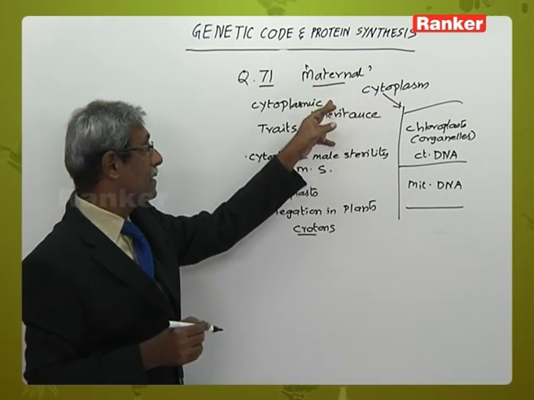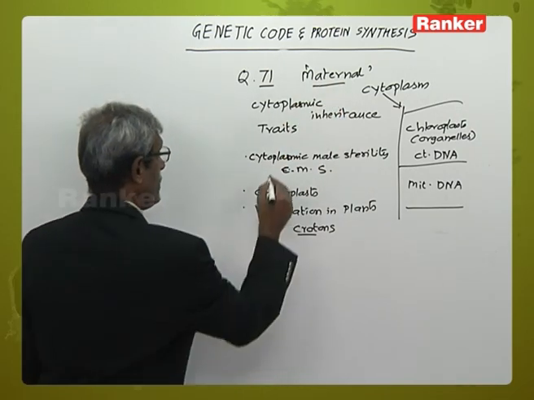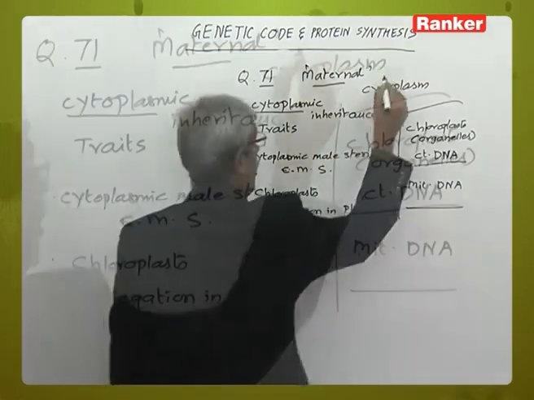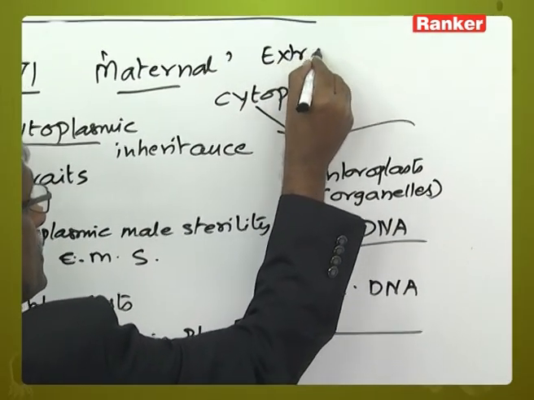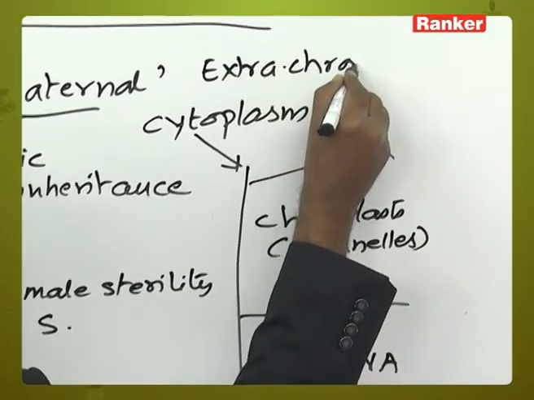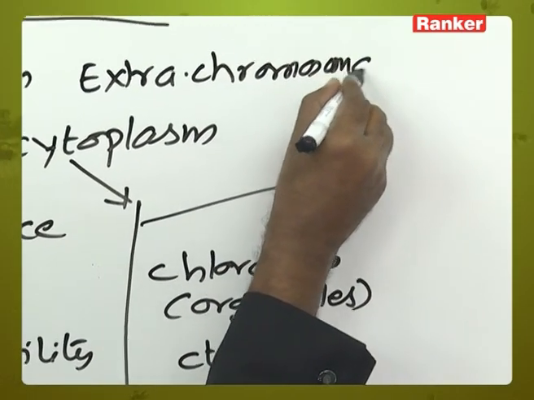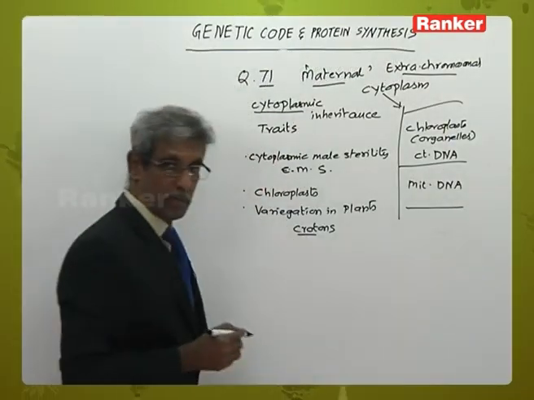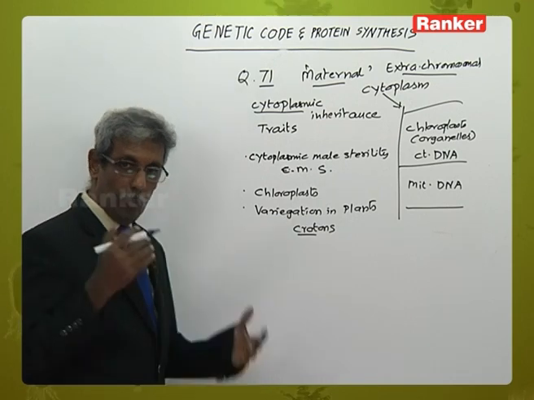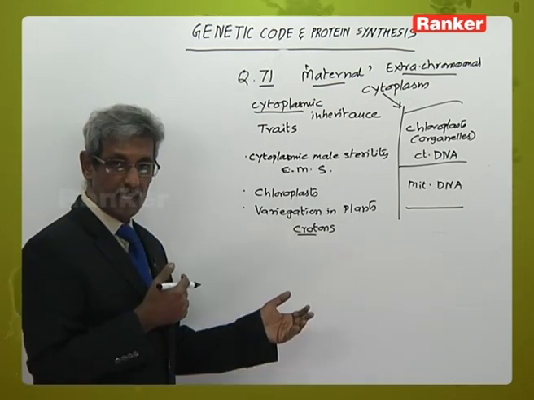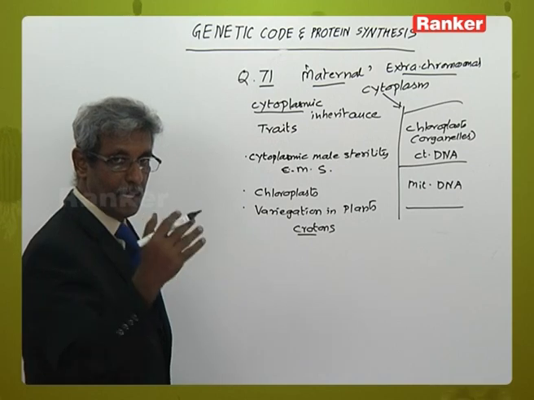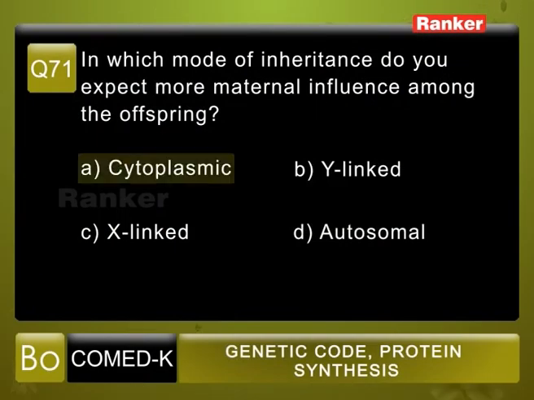It is otherwise termed as cytoplasmic inheritance or extra chromosomal inheritance. So, more maternal influence occurs in the offspring primarily due to cytoplasmic inheritance, that is choice A. The answer is A.